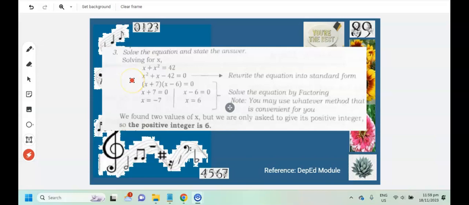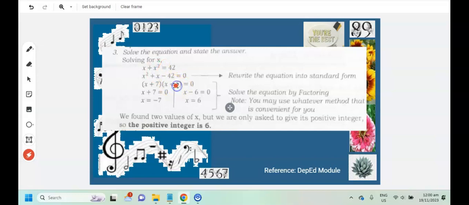Unya, unsa nga term ang sunod sa quadratic term? Yes, ang linear term. So we write the linear term x next to the quadratic term. Unya, unsa man ang term next to the linear term? Yes, ang constant term. Naa na ba sa left side of the equation ang constant term? Wala. So, atong ibalhin ang constant term nga positive 42 from the right side of the equation to the left side.